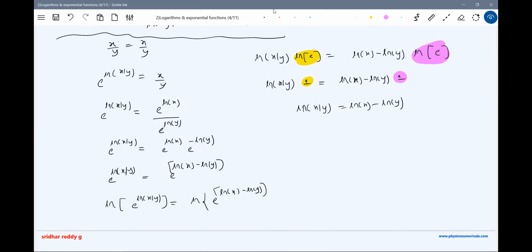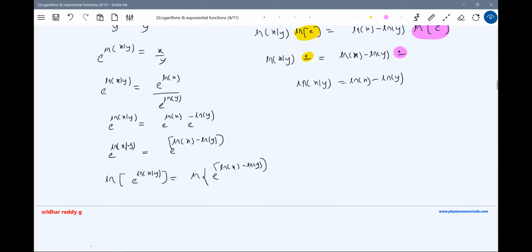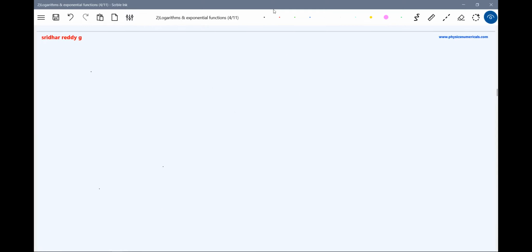After that, the power rule. So what does the power rule say? Okay, the next one, the power rule. Suppose it's log of x to the power a.